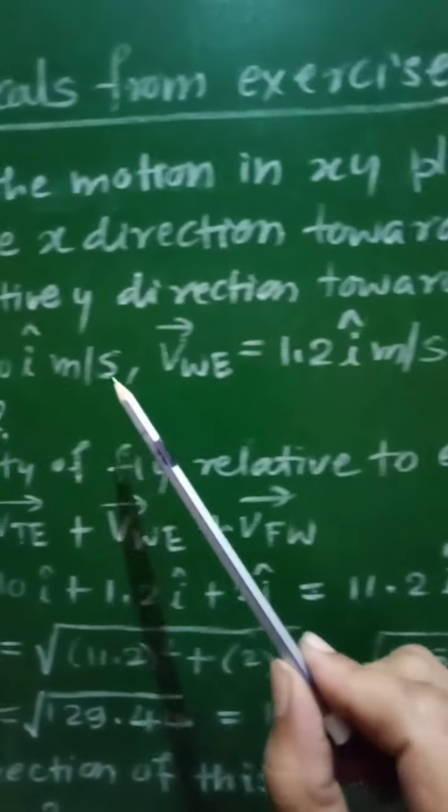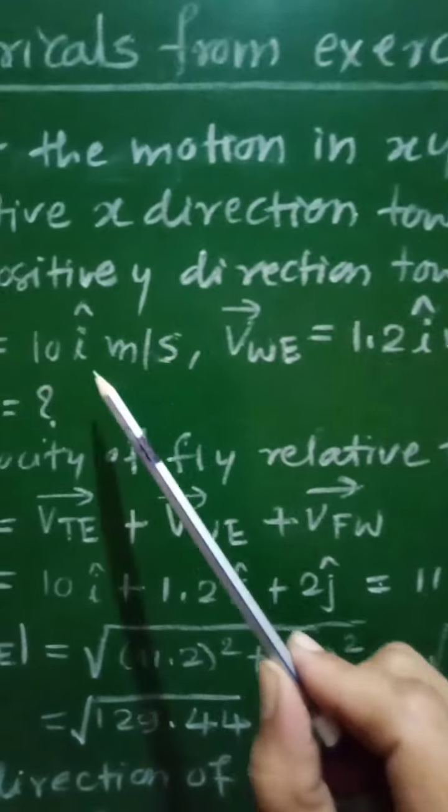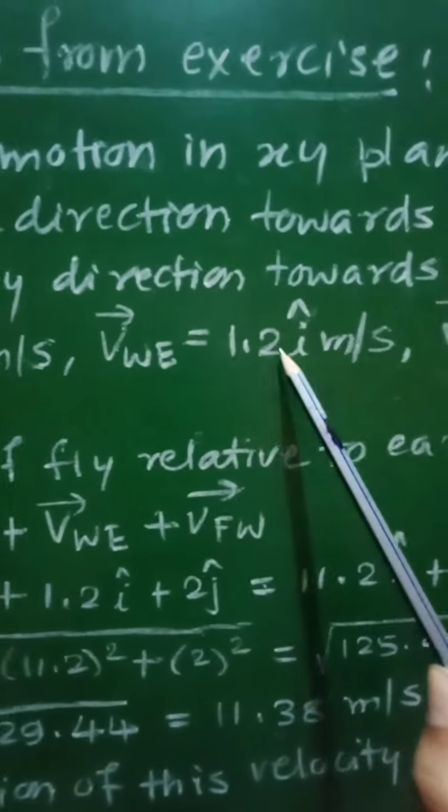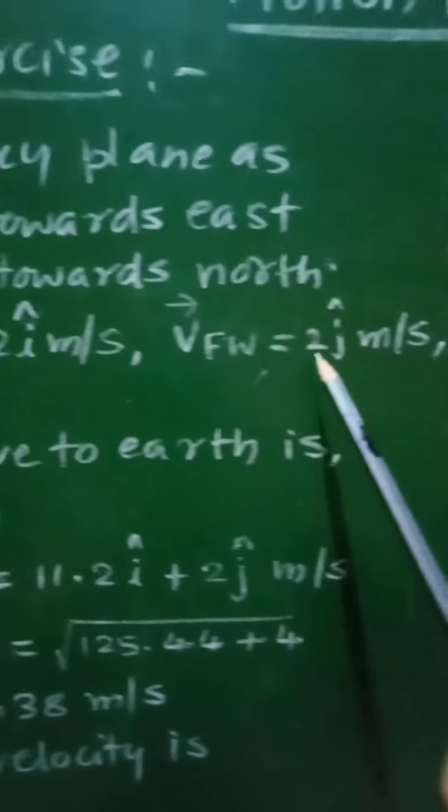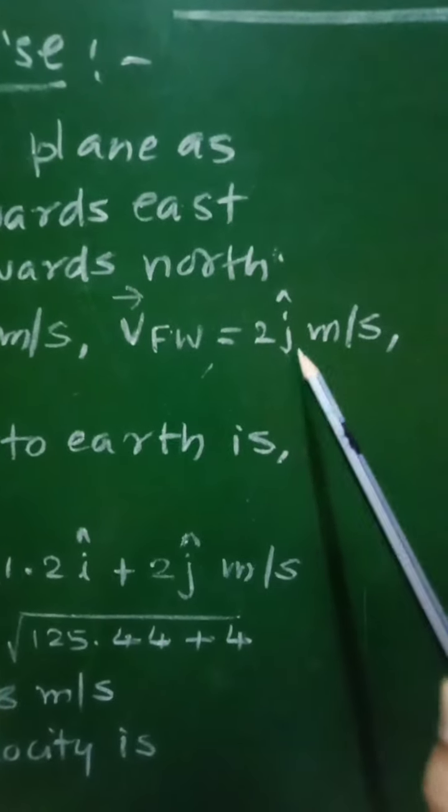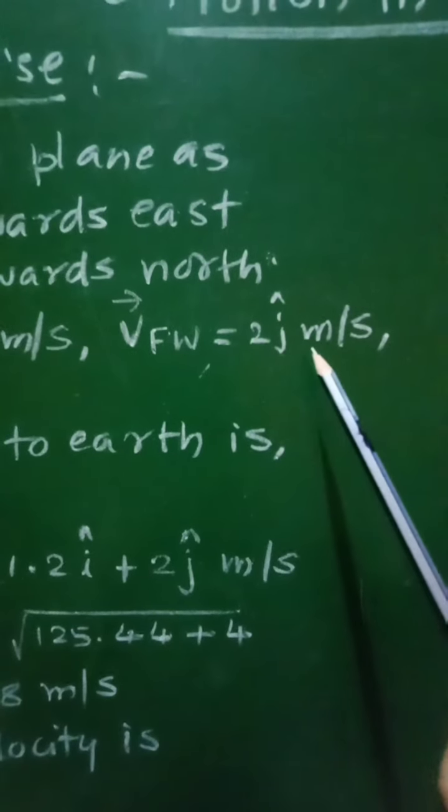And therefore as they are along x-axis, the unit vector is i cap. This is along y-axis, therefore the unit vector is taken as j cap.